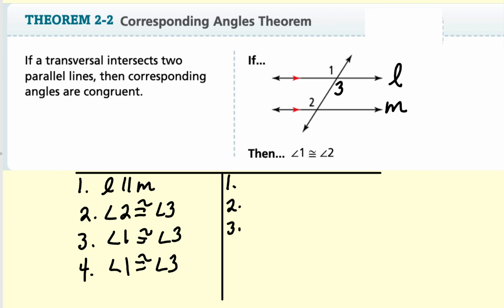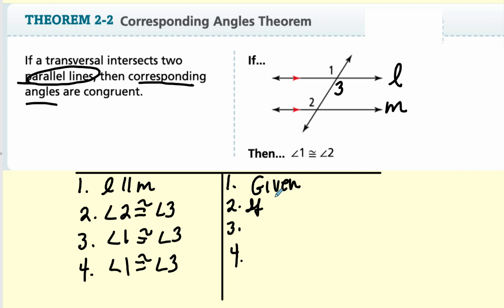Let's take a look at corresponding angles. So again, we have parallel lines, and the parallel lines indication is this arrow right here. We'd like to prove that angle 1 and angle 2 are congruent. Angle 1 and angle 2 are what we call corresponding. They're facing the same direction. All right, so step 1 is the given. And from the last proof we just did, we know if two lines are parallel, alternate interior angles are congruent.